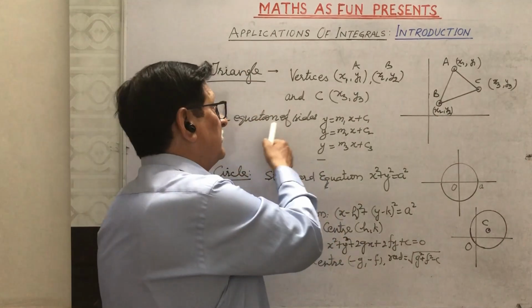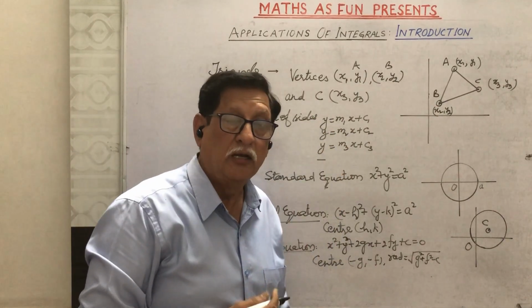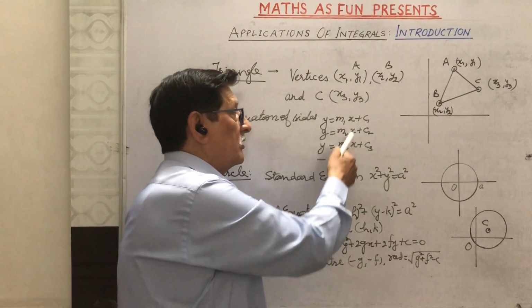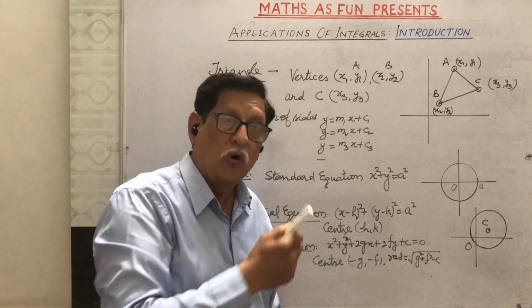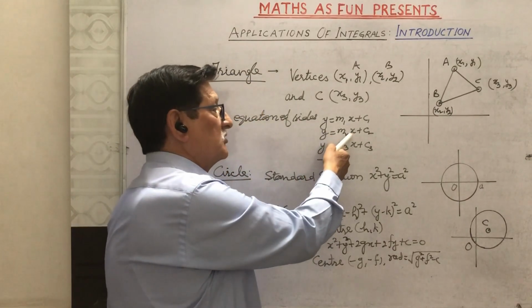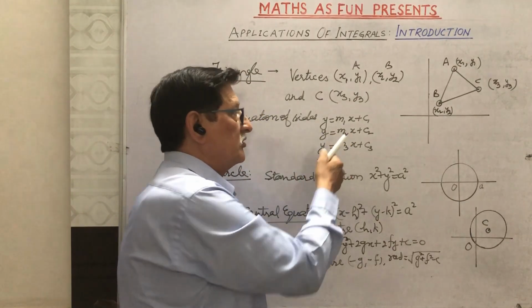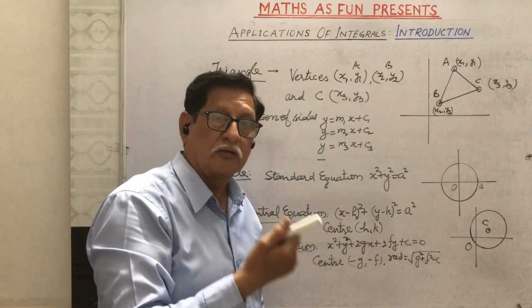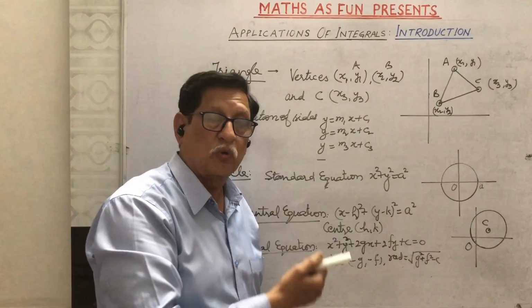In case we are given the equations of the sides of the triangle, then either we can draw the lines directly and get the triangle, or we can solve the equations in pairs to get all the three vertices, and then those vertices can be drawn and the triangle can be obtained.